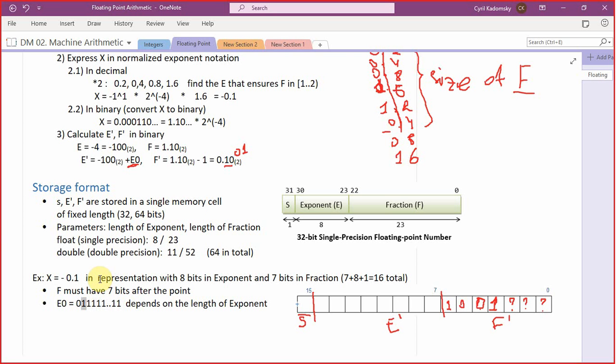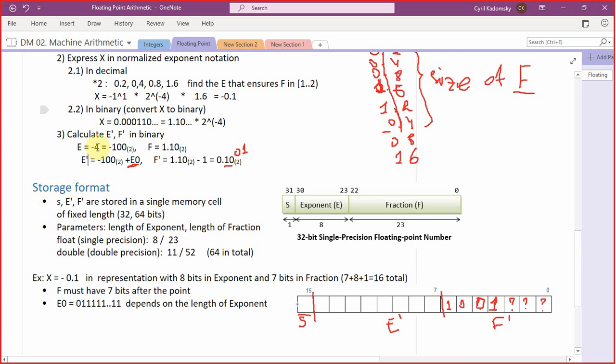It is half of the range. If we add this half of the range to any negative number, this negative number will move into the positive part of our range. So any possible exponent will be positive.